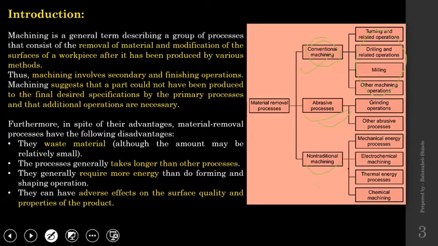So in non-conventional machining, the cutting tool and workpiece need not be in direct contact. Additionally, the cutting tool need not be harder than the workpiece, because there are various metal removal mechanisms like chemical processes, thermal processes, and electrochemical combinations of two or three mechanisms also.